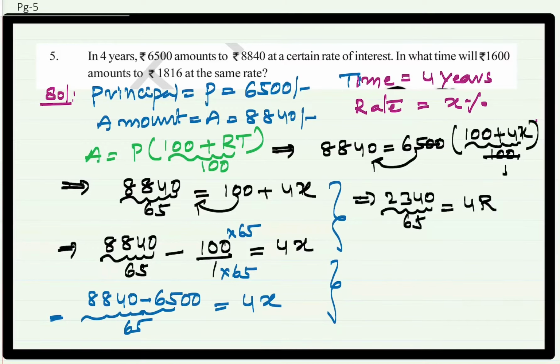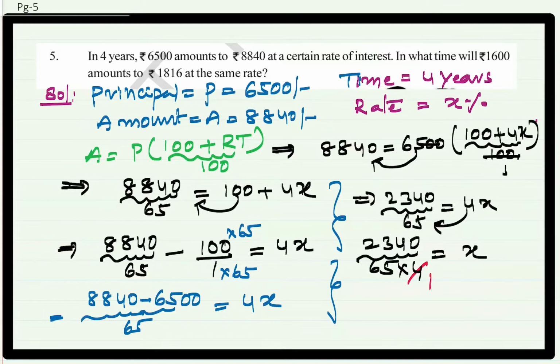4R or 4X. So better to take X only from next time onwards. X, okay, 4X. Now this one is transposing from right to left. 2340 divided by 65 times 4, because it becomes the denominator X. Now simplifying this one.